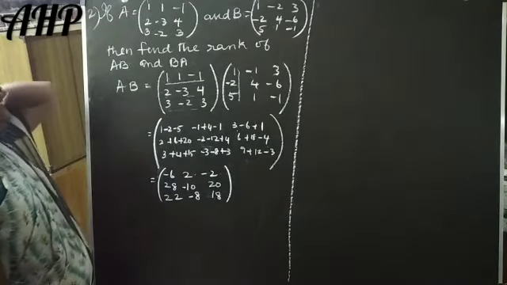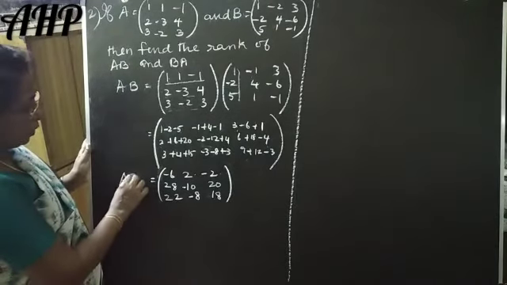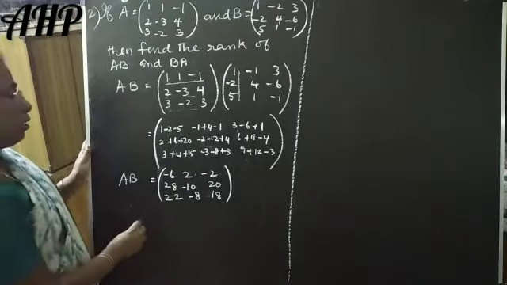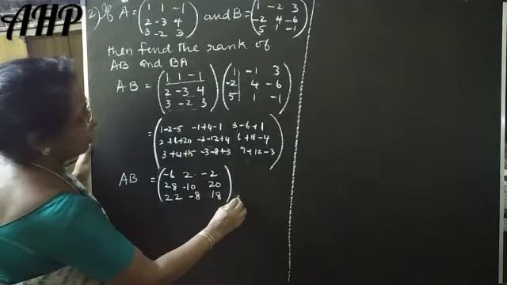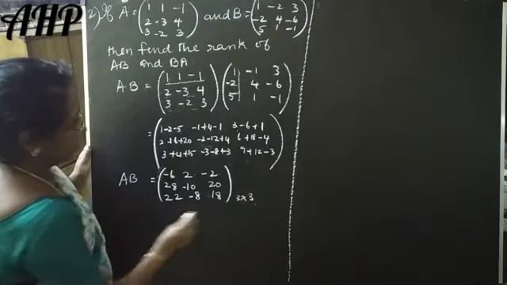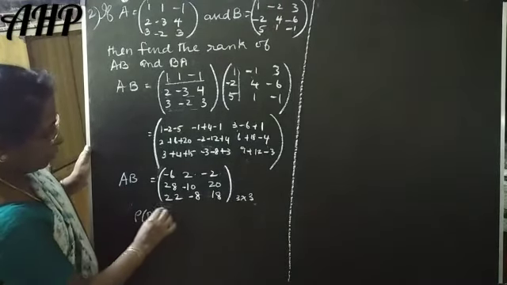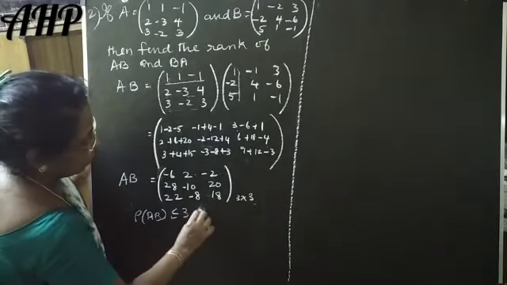Next, this is your AB, we are supposed to find out the rank of AB. Now to find out the rank of AB, as this AB is of order 3 by 3, we get the rank of AB to be less than or equal to 3.